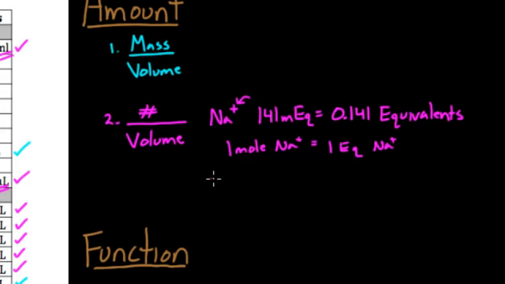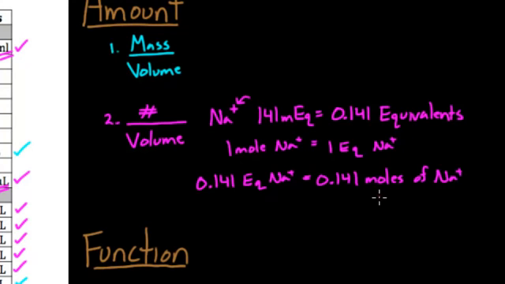Therefore, if I have 0.141 equivalents of sodium, I have exactly 0.141 moles of sodium. And you know that moles, this is just Avogadro's number, 6.02 times 10 to the 23rd, just a big, big number.